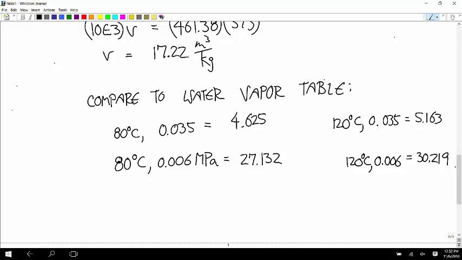The tables are made from much less simplified equations. They're still calculated, it's not like you can measure this stuff, but they're using more complicated equations. So you should think of the table values as the true values, and our ideal gas model is what we're testing.